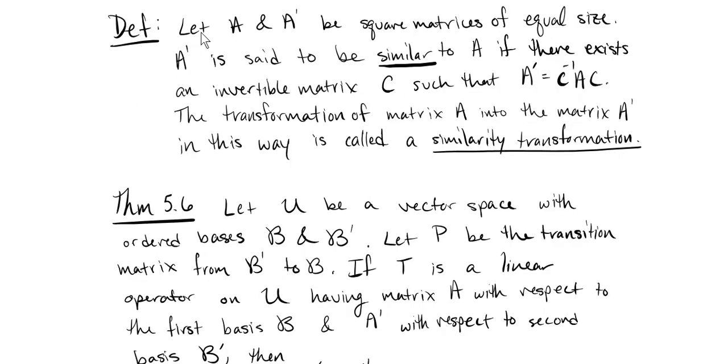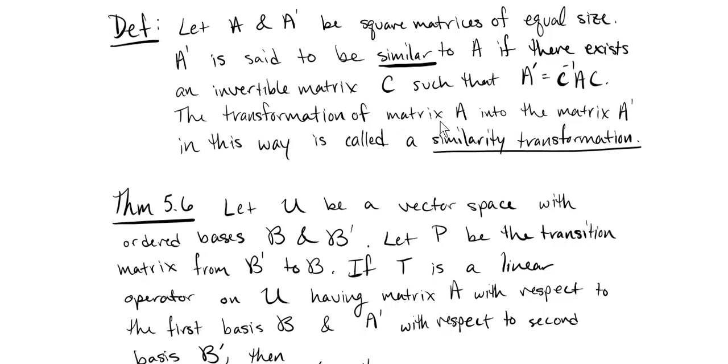We have that here with this definition. Let A and A prime both be square matrices of equal size. A prime is said to be similar to A if there exists an invertible matrix C such that A prime is C inverse times A times C. Kind of a strange idea there. We'll see why this form is pretty important.